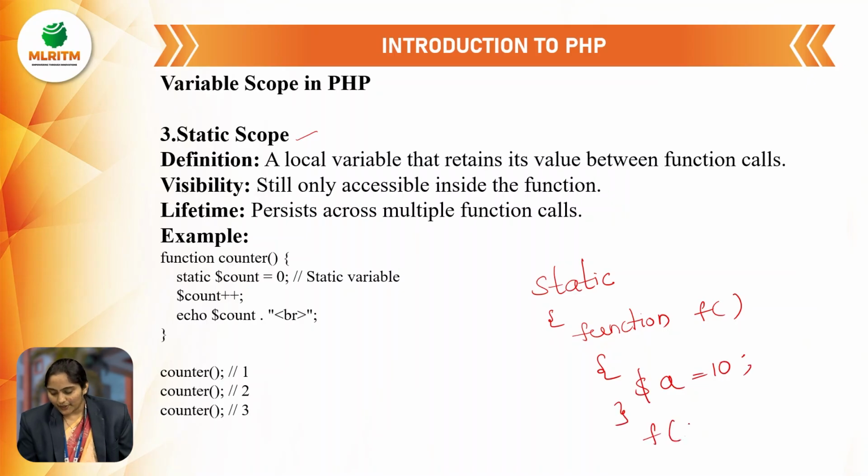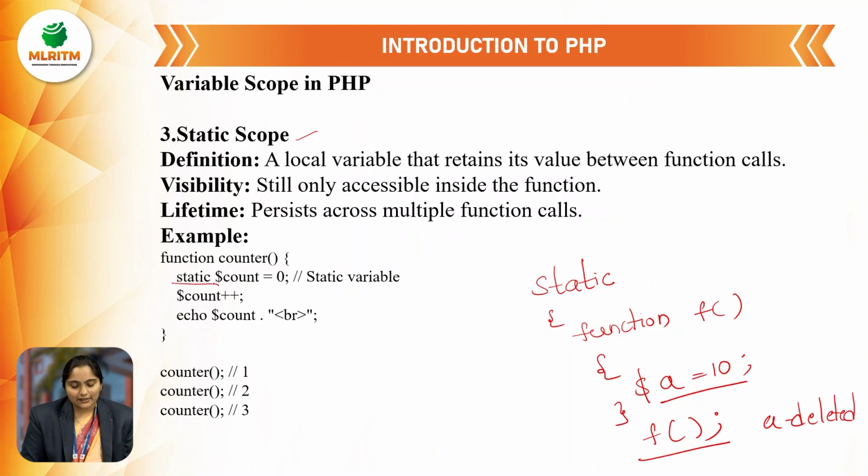Once that function execution is completed, the variable a gets deleted. And with the help of the static keyword, the value of the variable still remains saved for future use.